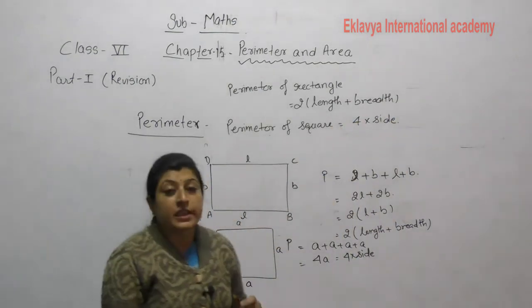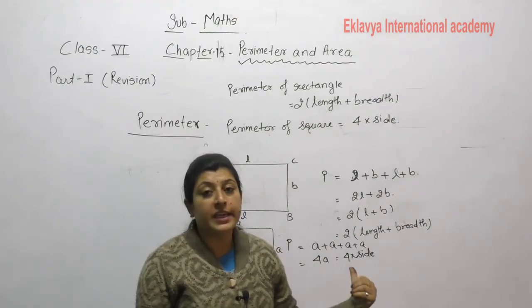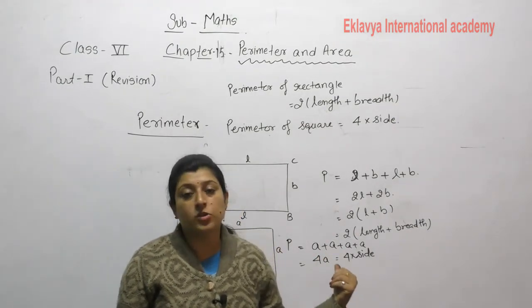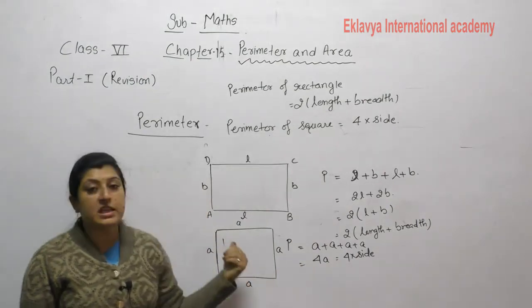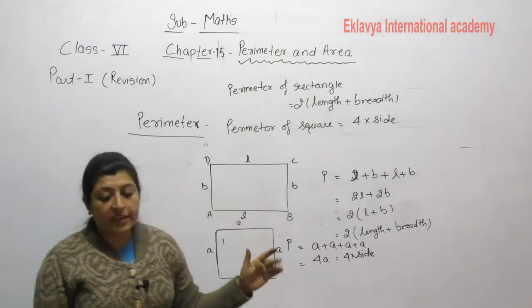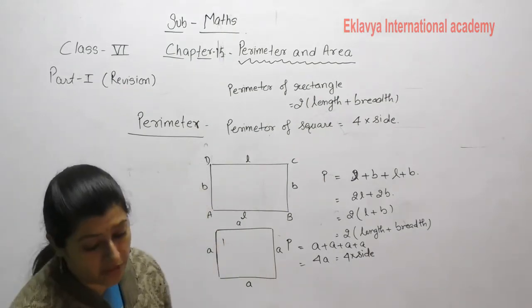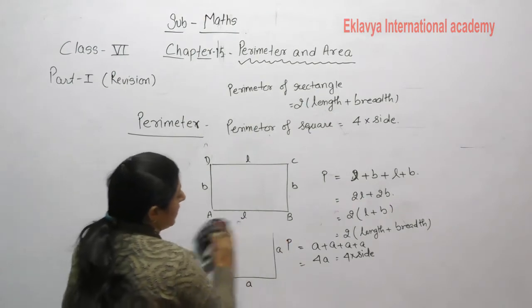Square, in which all the sides are equal, is also a regular polygon. So square is also one example of a regular polygon. So we can find out like this the perimeter of a rectangle and the perimeter of a square. Now see the next thing.